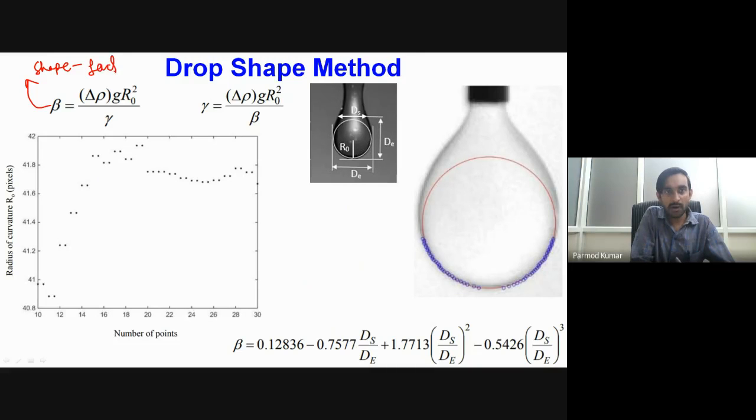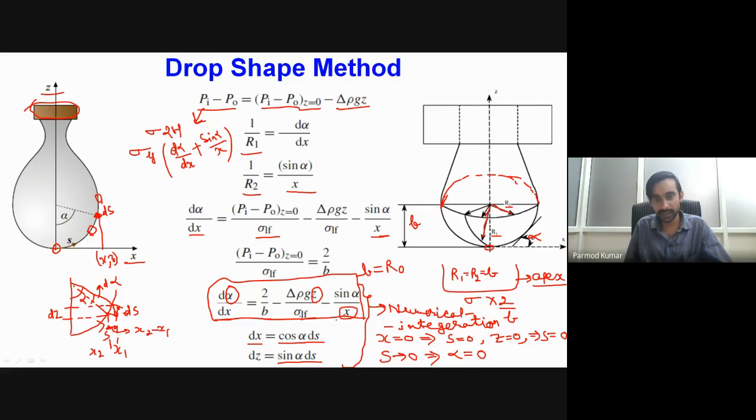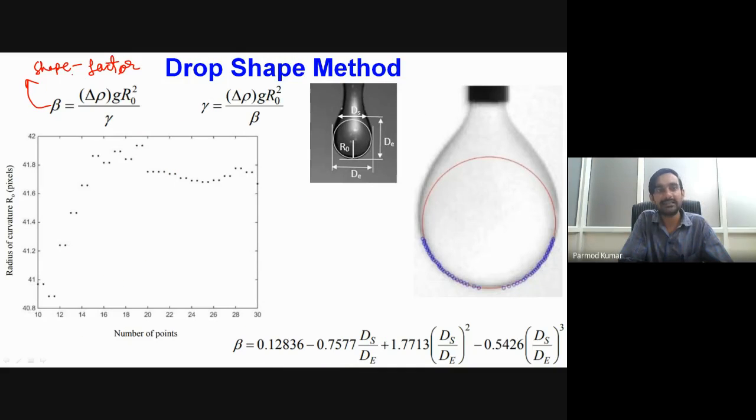I have just told you the procedure. You have to consider b equal to r naught and multiply on both sides by r naught. If you do so, you will find one term, delta rho g into r naught square divided by sigma. The coefficient of this z term is called beta, which is known as the shape factor.